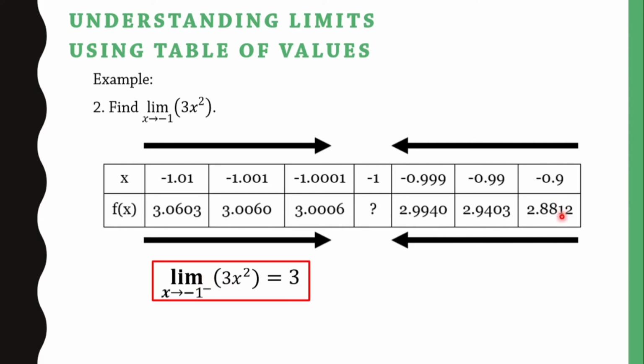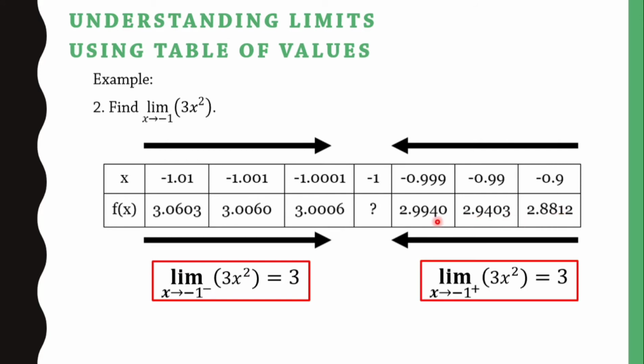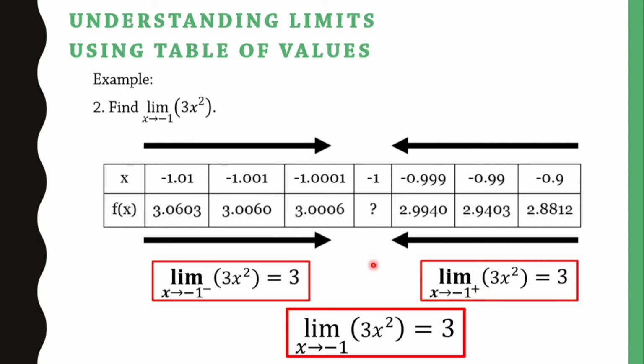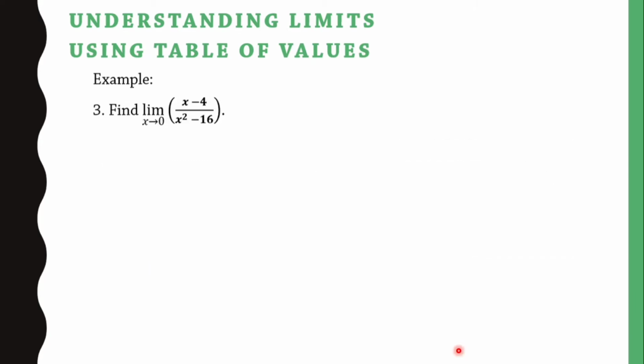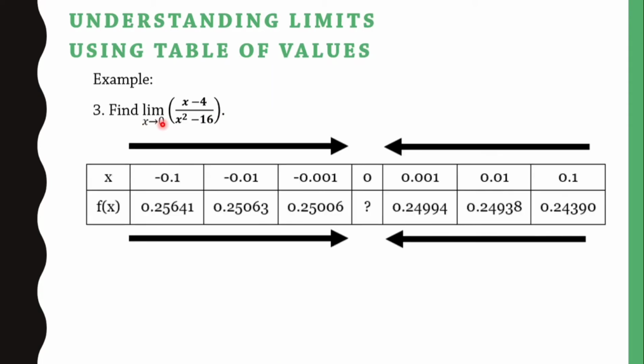Then from the right, it also gets closer to 3. Take note, you can say that it is the limit from the right when you have a plus sign above your c. So therefore, we say that the limit of 3x squared as x approaches negative 1 is 3. Another example, we find the limit of x minus 4 over x squared minus 16 as x approaches 0. We see this table.